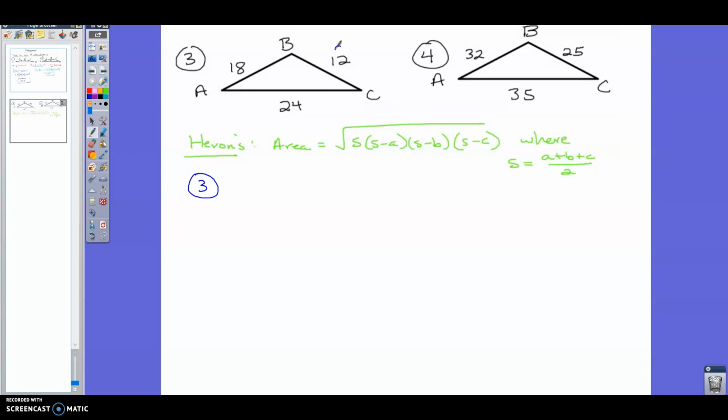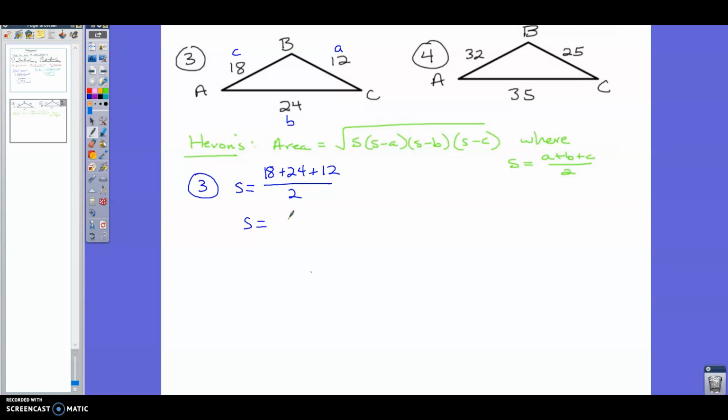Across from A is side A, across from angle C is side C, across from angle B is side B. So the first thing we need to do is to find S. So we're going to add all of our sides together and divide that by 2.